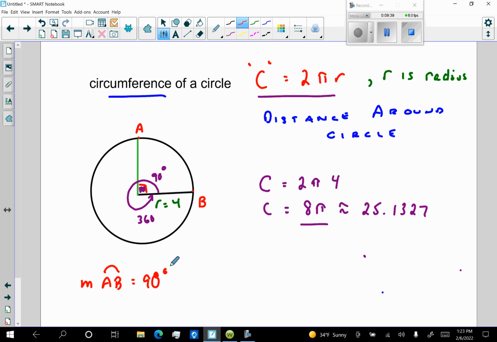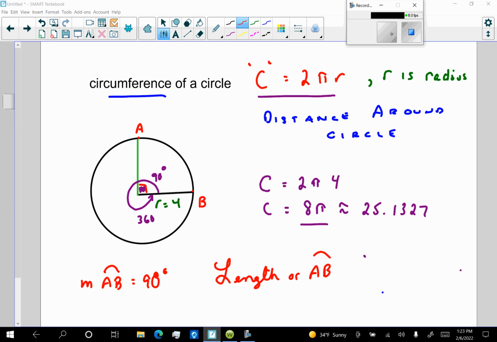What do you think the length of arc AB would be? Think about that for a moment. Pause the video.